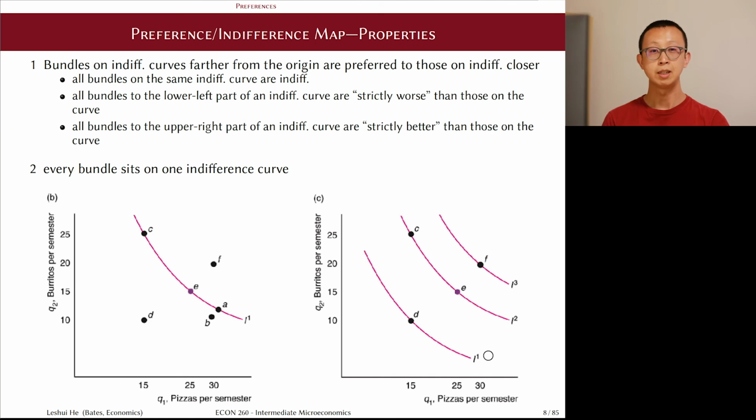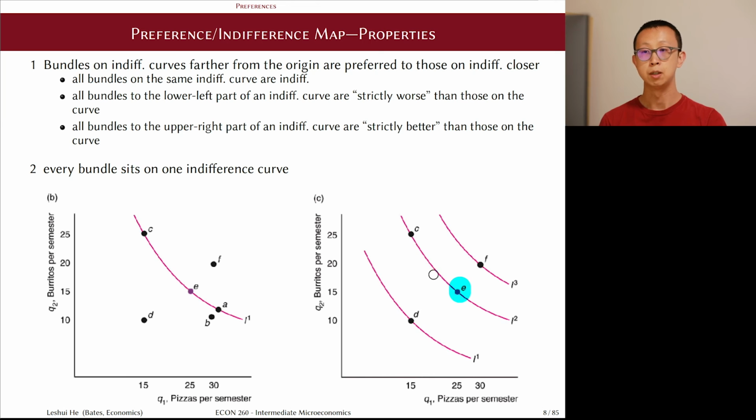Now consider an even richer map. In addition to one indifference curve, in fact, we can have many indifference curves. And the reason is because once we choose any bundle, the consumer can also start to list many different bundles that they feel are indifferent to the particular bundle that was already presented to them.